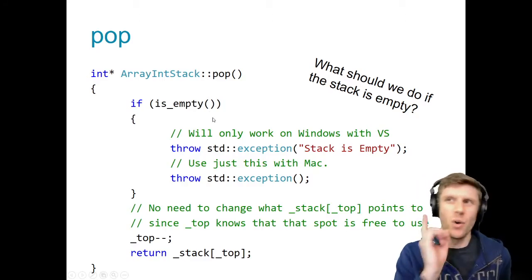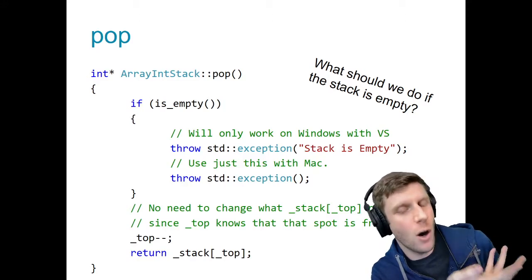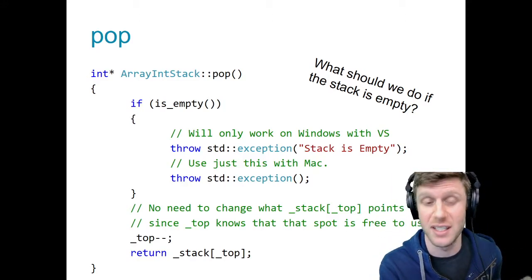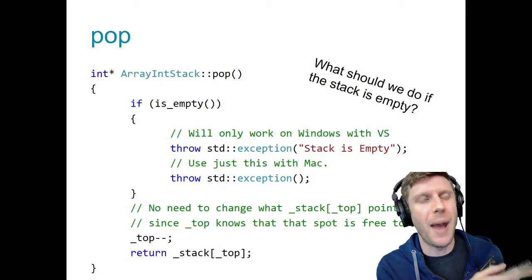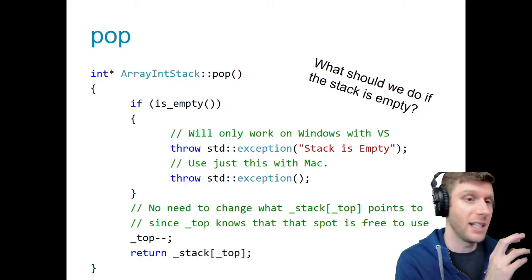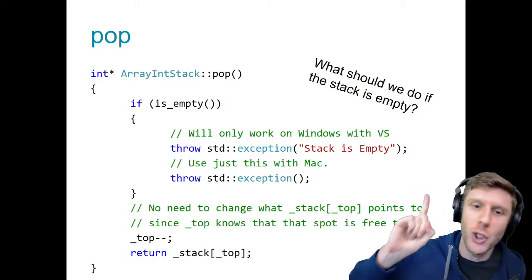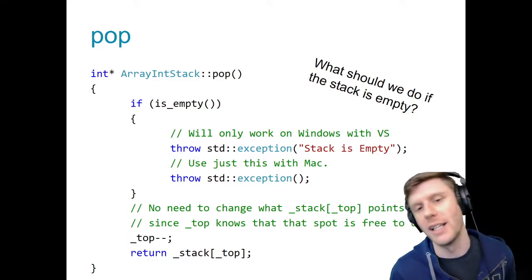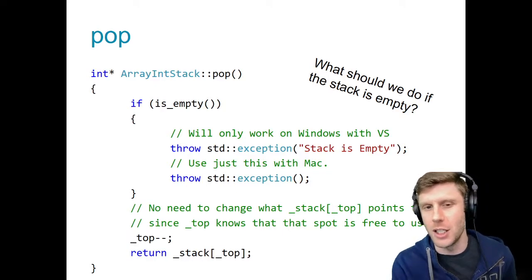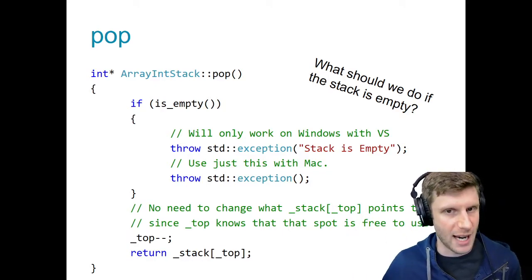But here's the thing. When I am writing this stack, I have no way of knowing. I'm writing the code that defines this data structure, this stack. And depending on how you're using this stack, you might want it to immediately crash, print out an error message, just ignore it and do nothing. But that's up to you, the user of the code I'm writing right now. How can I know today what you need to do if we have this exceptional situation where the stack is empty?